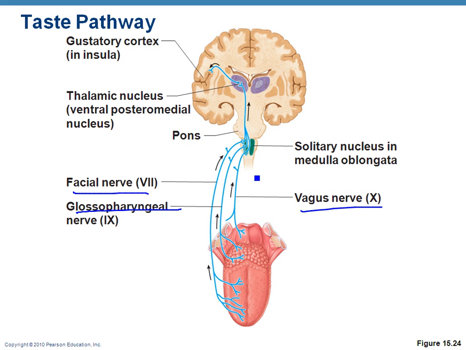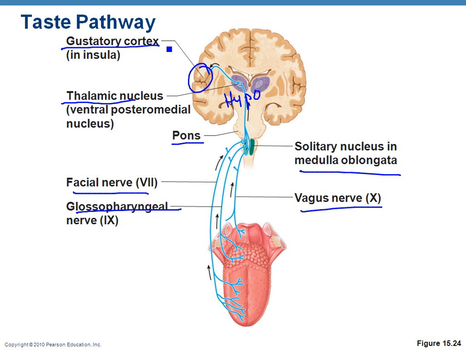They travel to the medulla oblongata, then to the pons, then through the thalamus, also through the hypothalamus, and then finally they make their way to the gustatory cortex, which is the seat of taste, where your brain decides what to do with what you smelled, or excuse me, what you tasted. I'm already on olfaction.